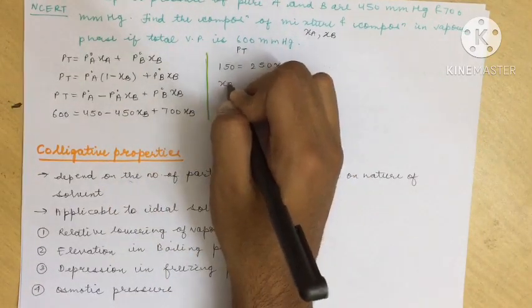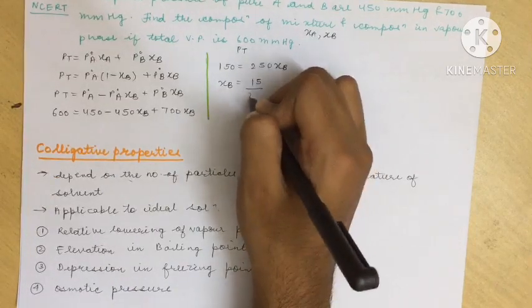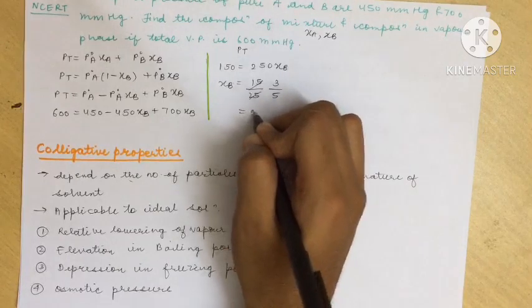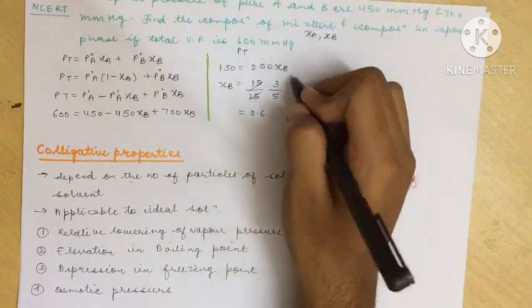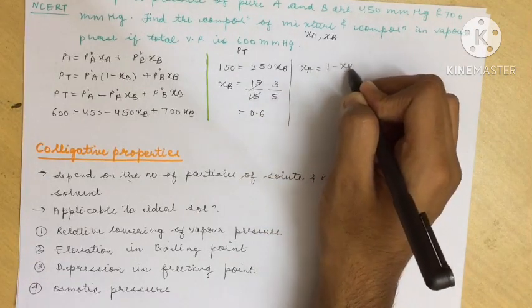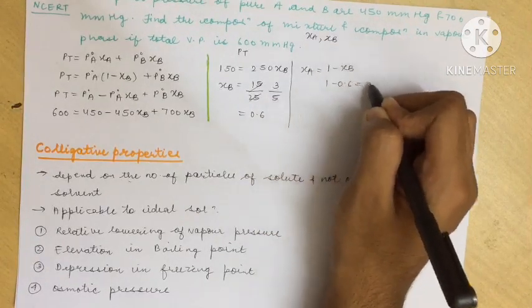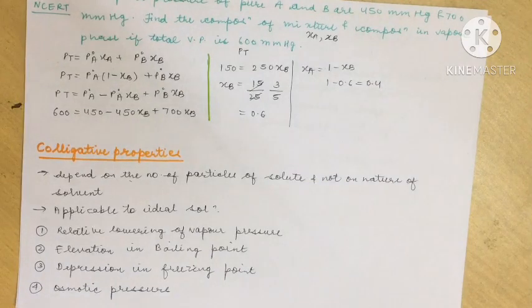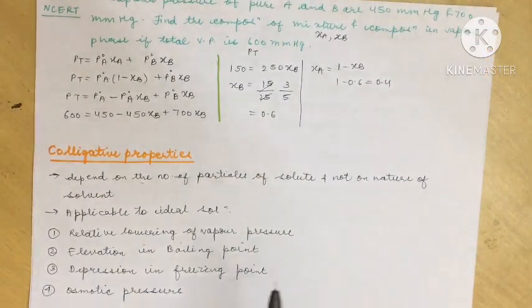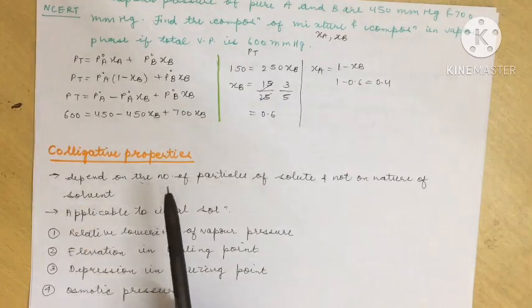So Xb is 15 upon 25, which can be written as 3 upon 5, or 0.6. So what will be Xa? Xa will be equal to 1 minus Xb, that is 1 minus 0.6, which is 0.4. So these are our two numericals. Now let us see the next topic of this chapter, that is colligative properties.